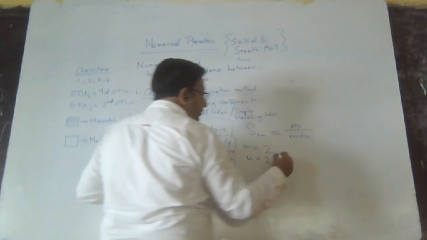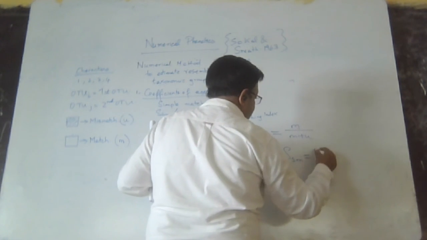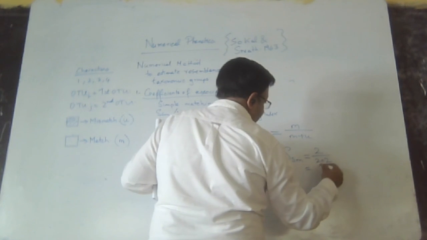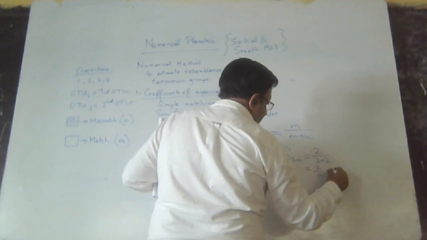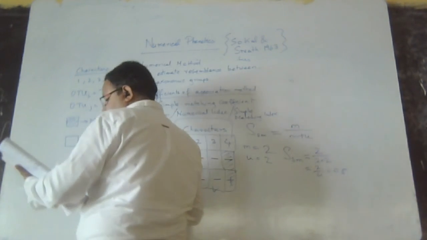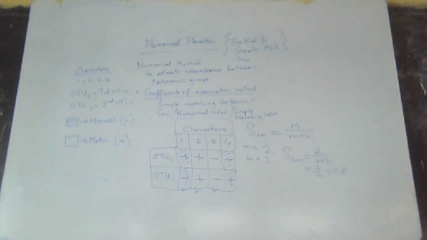So what is the coefficient? 2 by 4 is equal to 0.5. Fine. So there is a 50% match, 50% mismatch between this group.